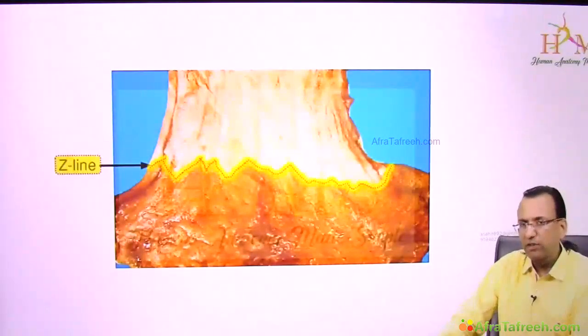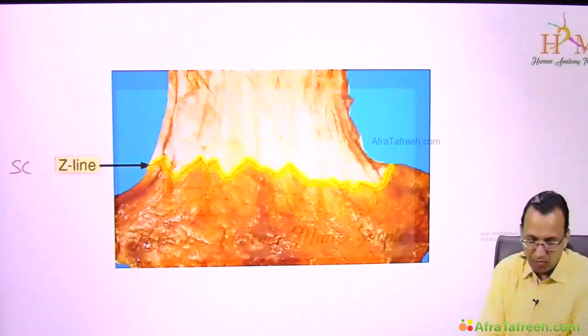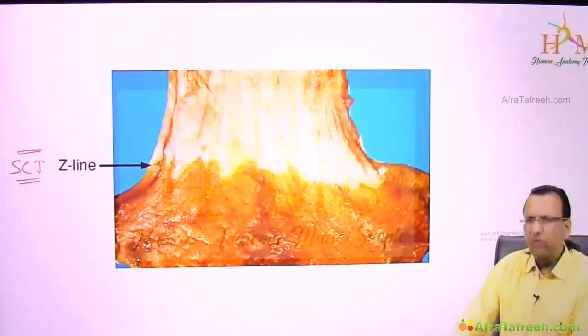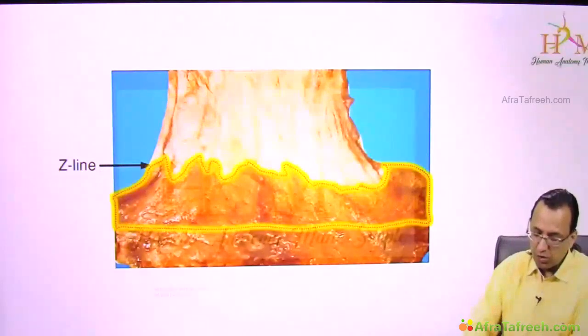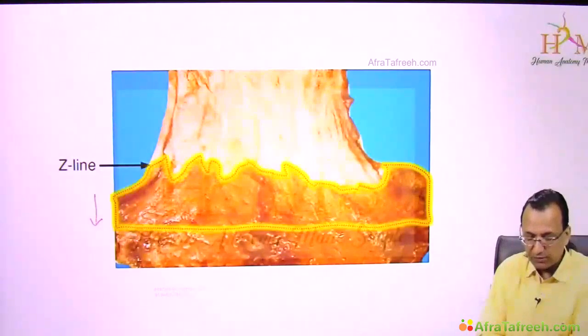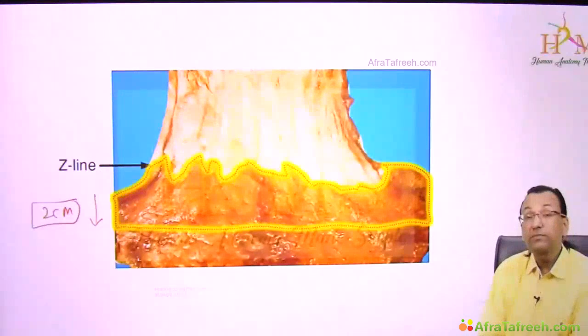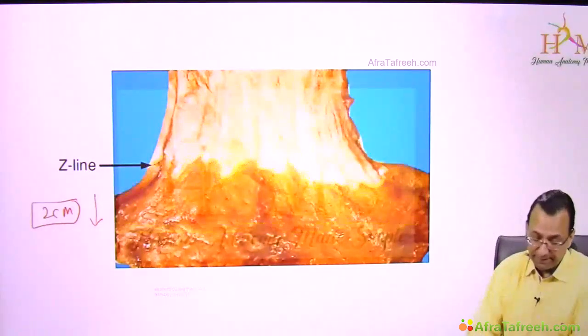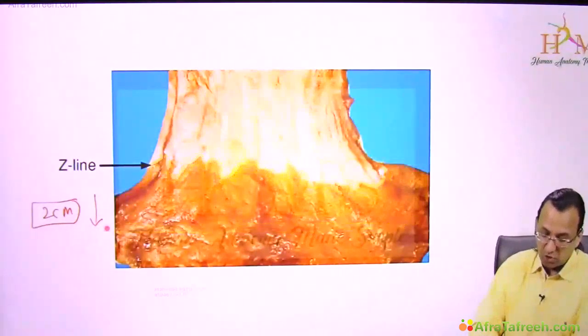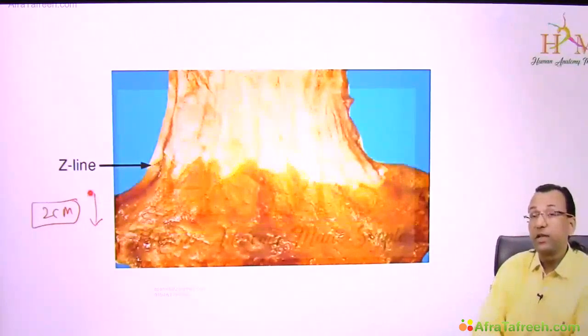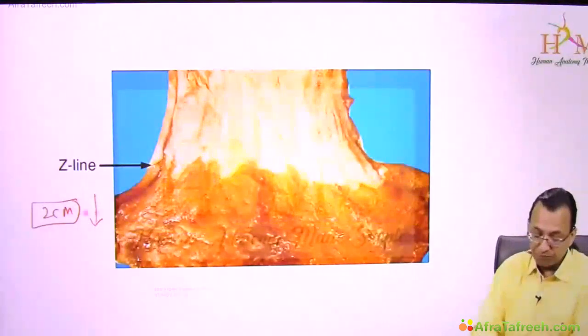It is the squamo-columnar junction. Now if you say this is a squamo-columnar junction, you have to understand the lower 2 centimeter of the esophagus is lined by columnar epithelium, just like the stomach.